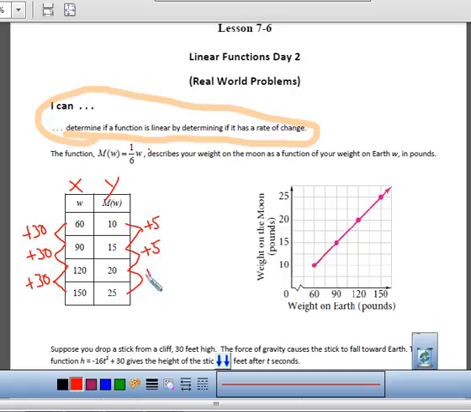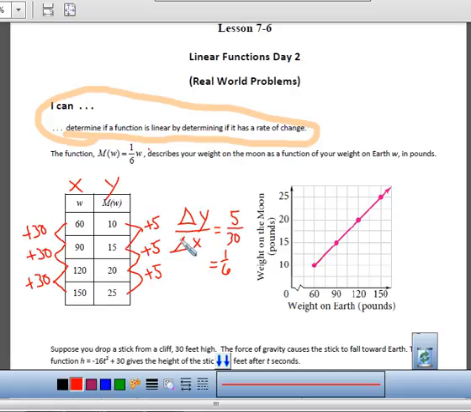Now in the last video, the first one about linear functions, you learned about the change in y, delta y, over the change in x. So the change in y is positive 5 over the change in x, which is 30. Now, 5 over 30 simplifies to 1/6.